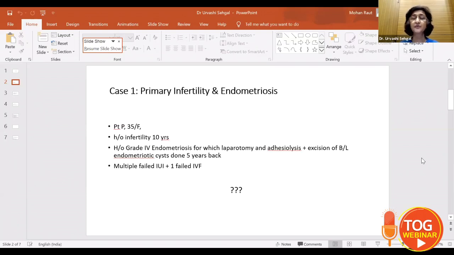Then she underwent an IVF which also failed. So when she came to me, she was very depressed. Of course, she had undergone all kinds of investigations, so I didn't have to investigate her much more. She had gone through her anatomic, endocrinologic, and infection workup, and even the chromosomes, the whole works. Everything was normal.